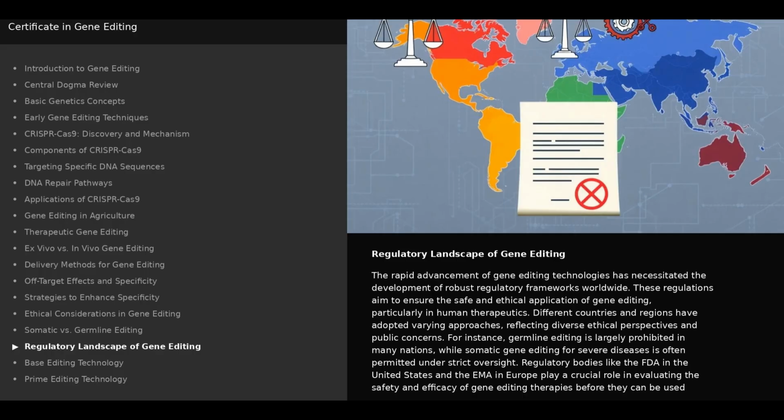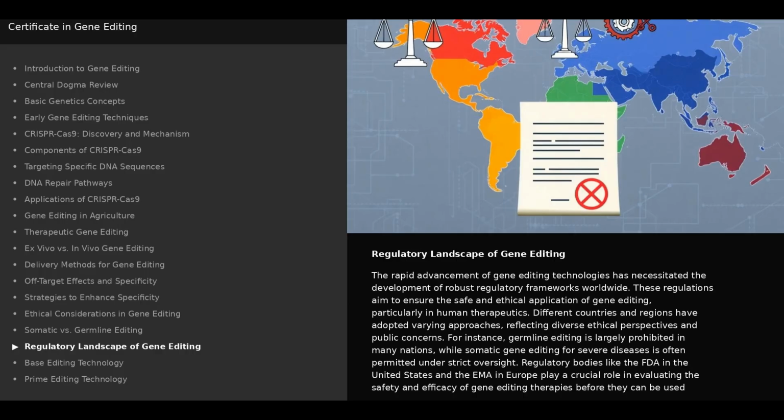under strict oversight. Regulatory bodies like the FDA in the United States and the EMA in Europe play a crucial role in evaluating the safety and efficacy of gene editing therapies before they can be used clinically. These frameworks typically require extensive preclinical data, rigorous clinical trials, and careful monitoring for long-term effects.